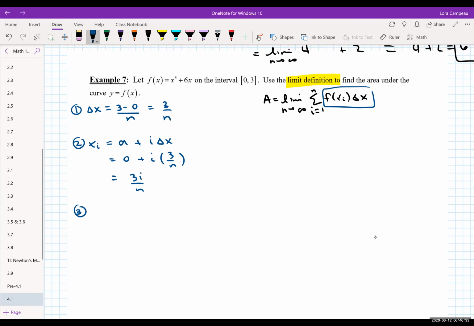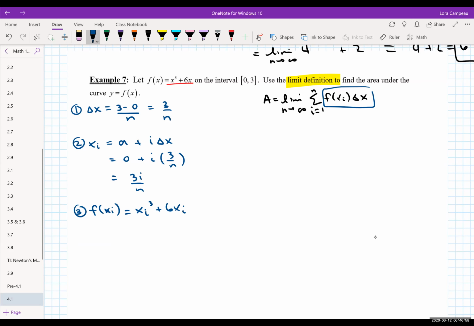Step 3, calculate f of x_i. Go back to our function and just use x_i notation. So that's x_i cubed plus 6 times x_i. Now that helps us see what we're looking at.